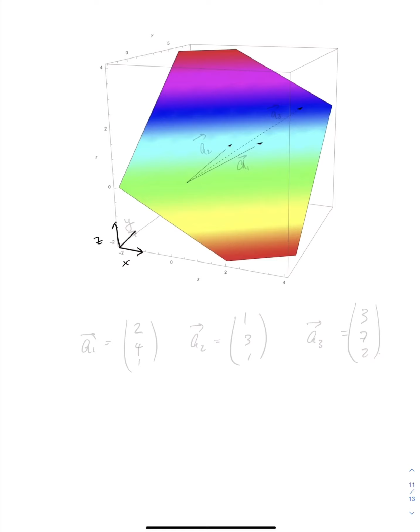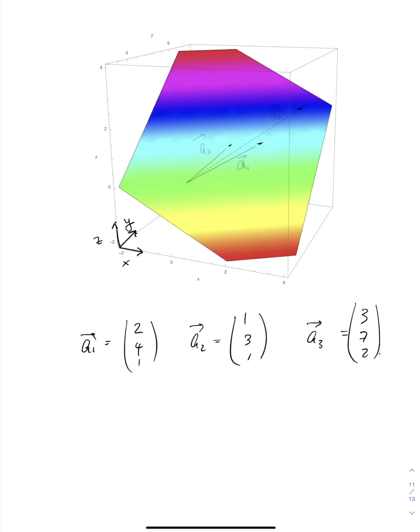And here is, of course, the y direction. I've sketched the three vectors, so remember A1 is (2, 4, 1). A2 is (1, 3, 1). And A3 is (3, 7, 2).